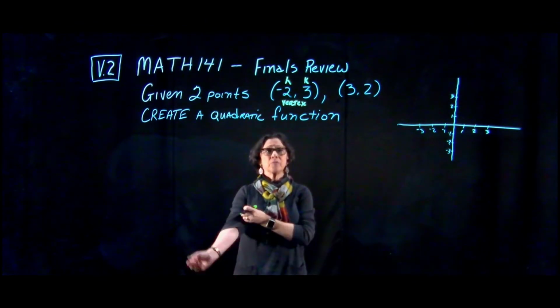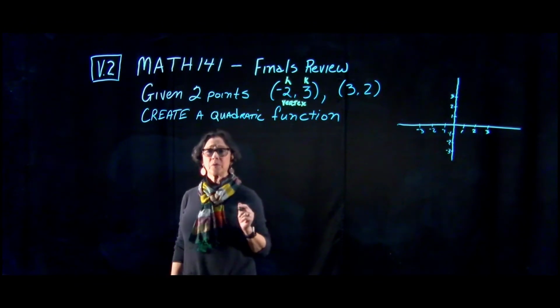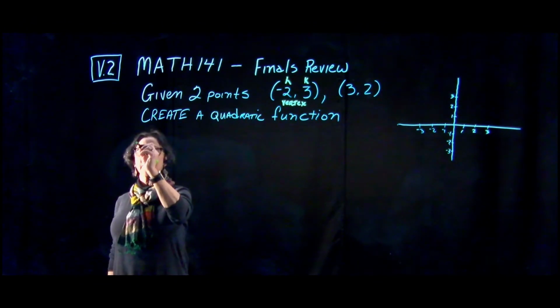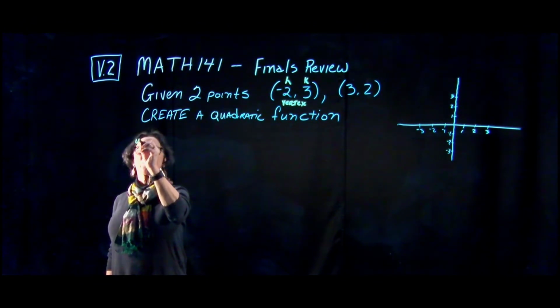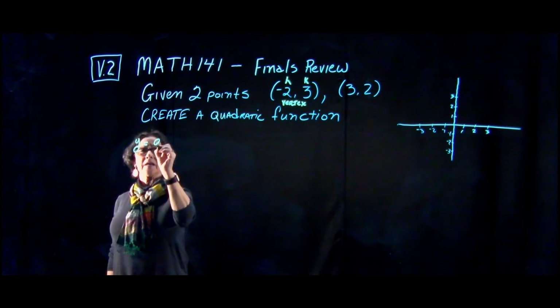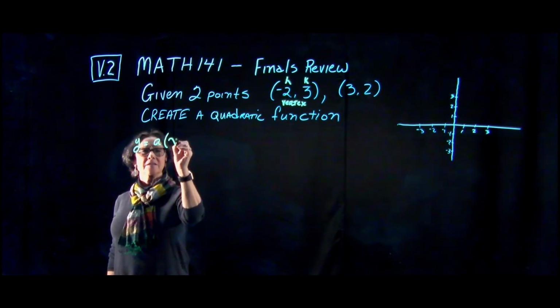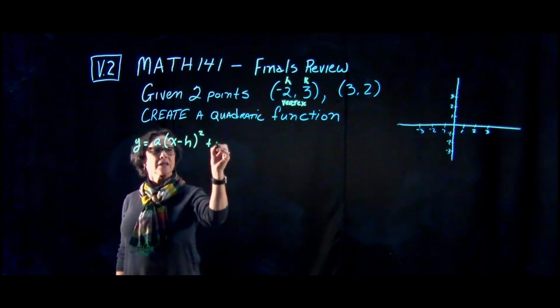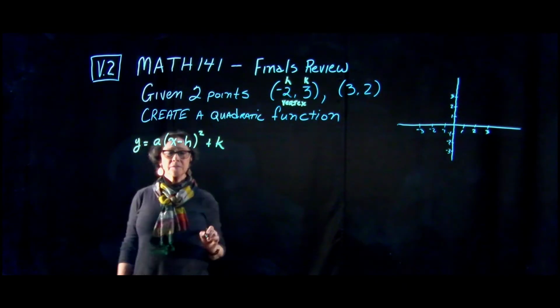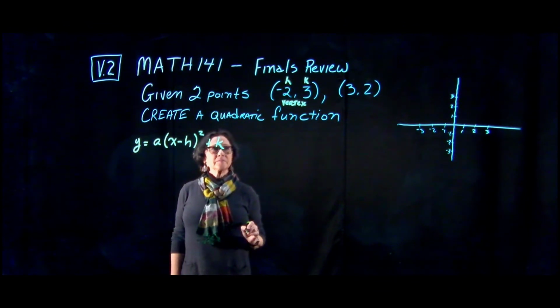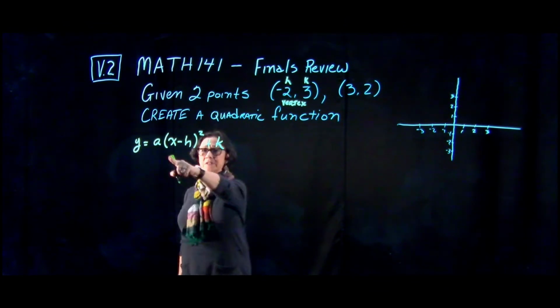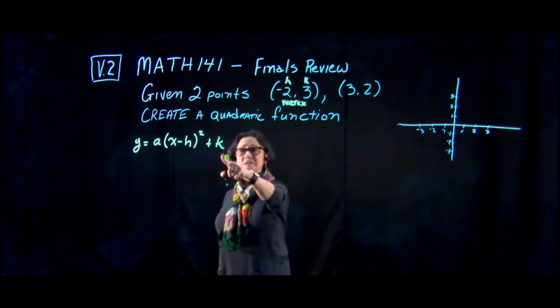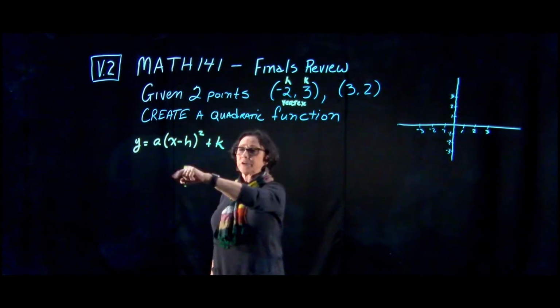So we're going to start with vertex form for the equation. Vertex form of a quadratic is y equals a times x minus h squared plus k. So the first thing we need to do is solve for a.